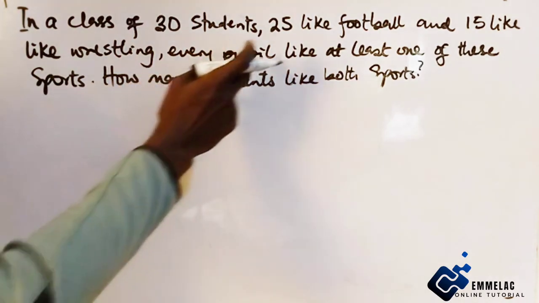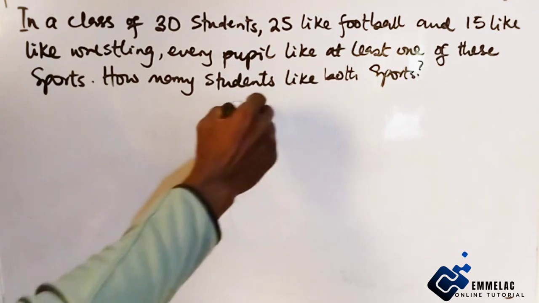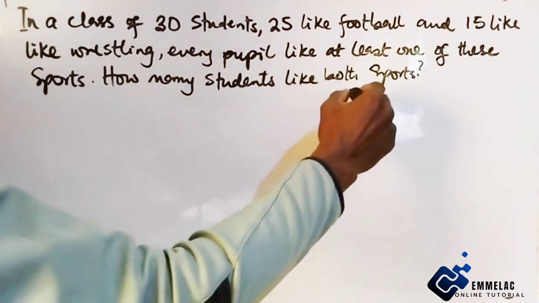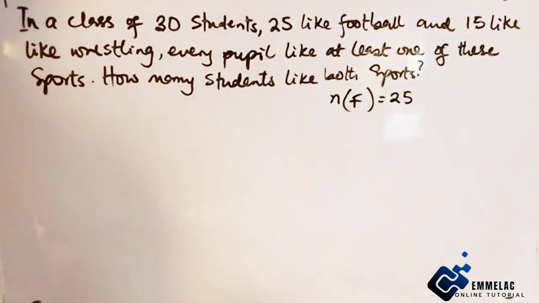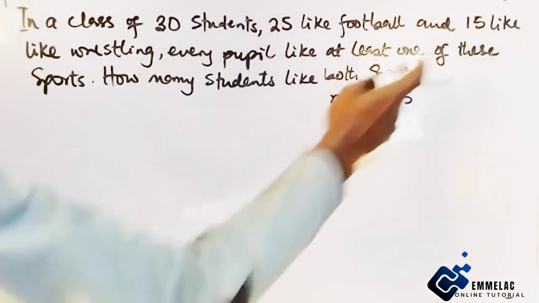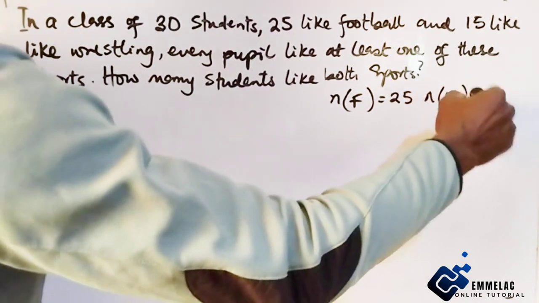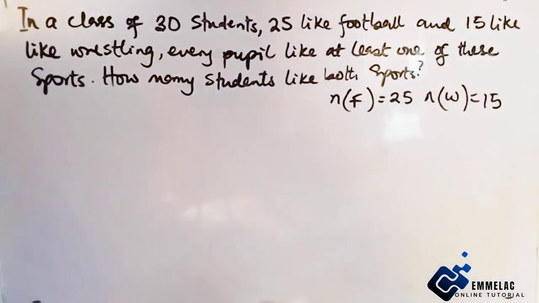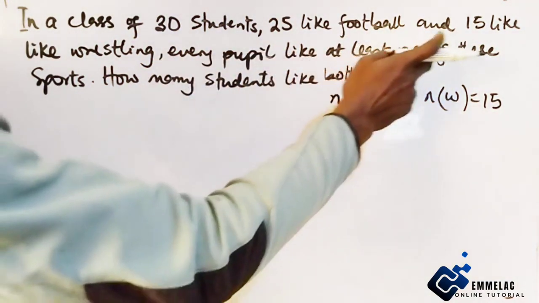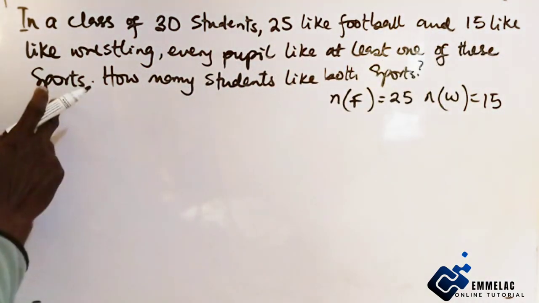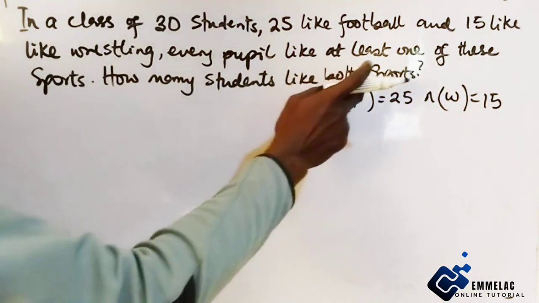Here the number of football, that's F, is 25. Now 15 like wrestling, so the number of wrestling is 15, and every pupil likes at least one of these sports. How many students like both sports?